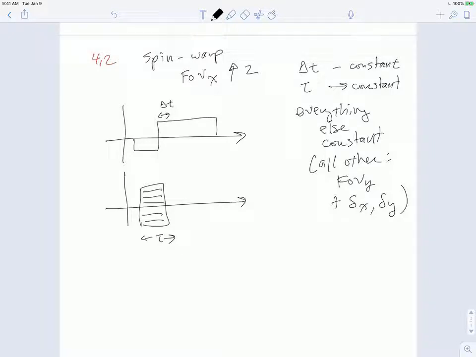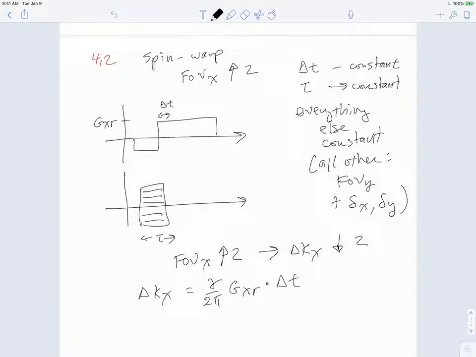So if the FOV in the x direction increases by a factor of 2, what's the immediate impact on a k-space parameter? What has to go down? Delta kx, right? And we know delta kx is gamma over 2 pi times gxr times delta t.